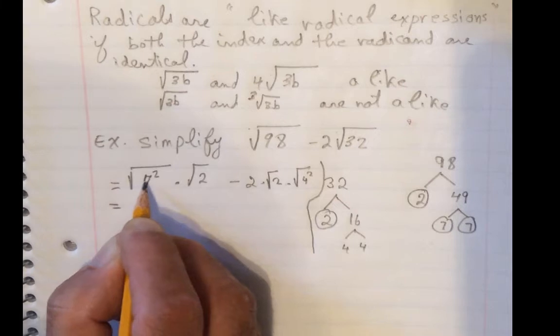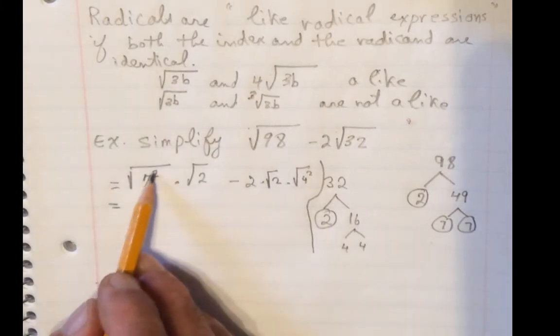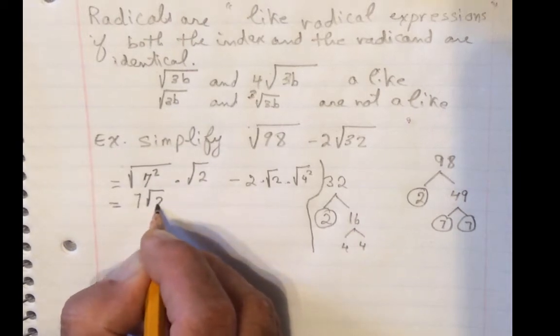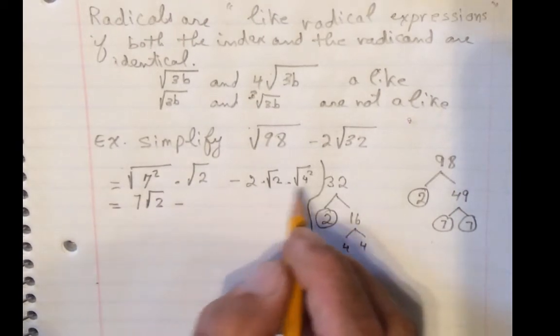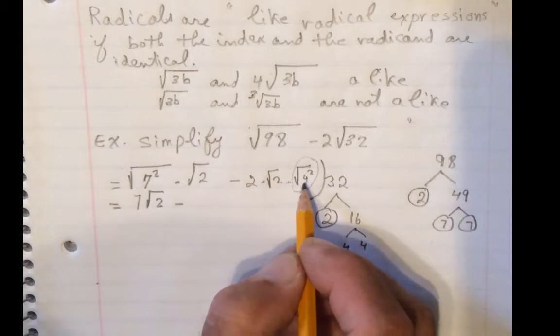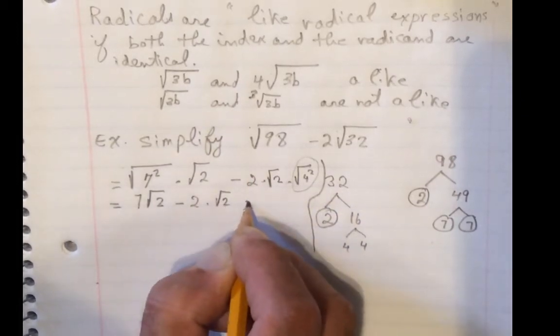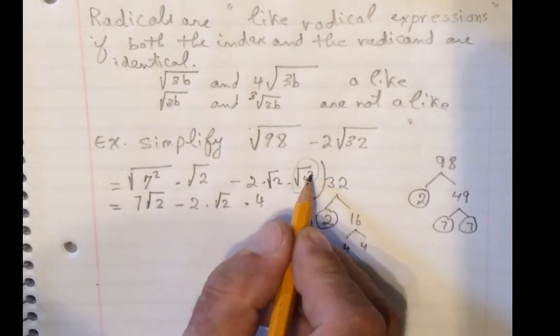So that's going to give me square root of 7 squared, divide 2 by the index, so that's going to be regular 7 times the square root of 2. Minus, this one is going to give me regular 4, so that's going to be 2 times the square root of 2 times regular 4, because you divide 2 by 2.